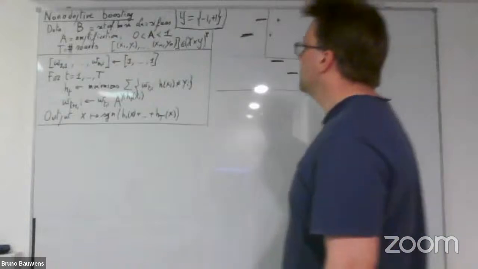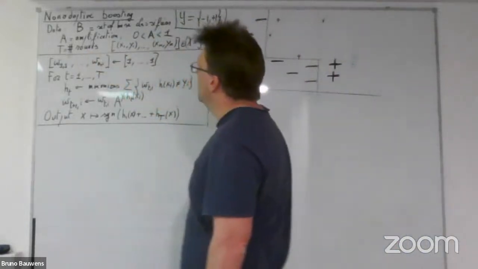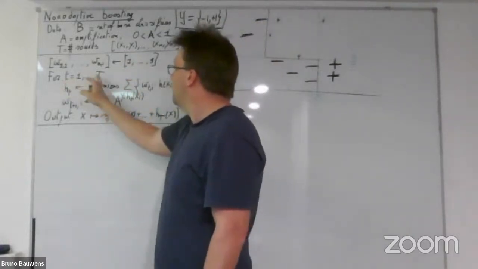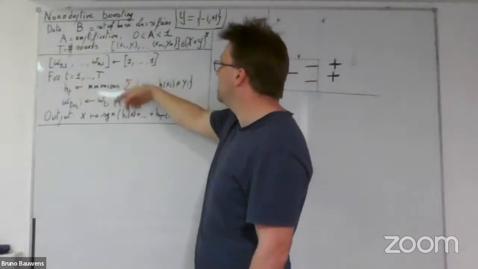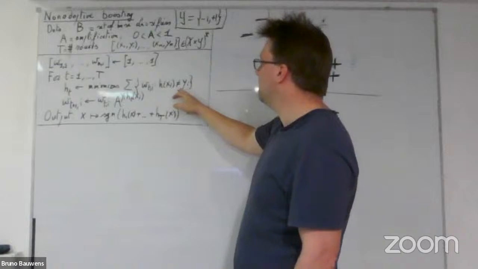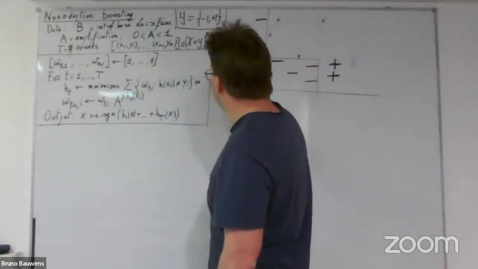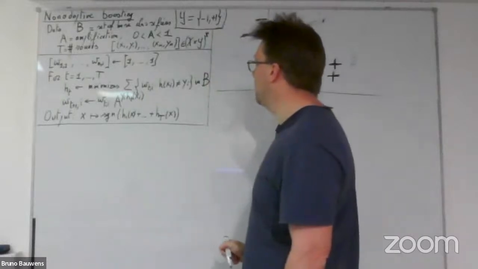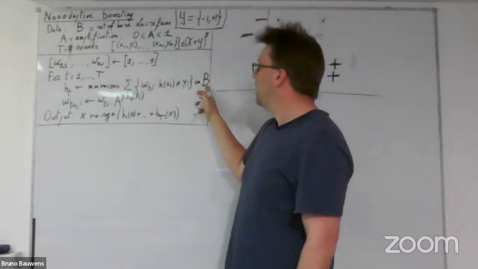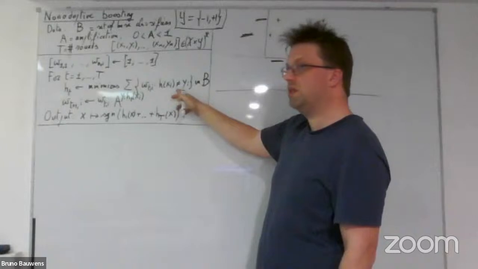Okay, so yes, a number of rounds and a training set. And so initially the weights are all 1, and then for the number of boosting rounds, many times, we select a base classifier, so it minimizes, in the set B of classifiers. So it selects a classifier h in B, such that the sum of weights of wrongly classified points is minimal.